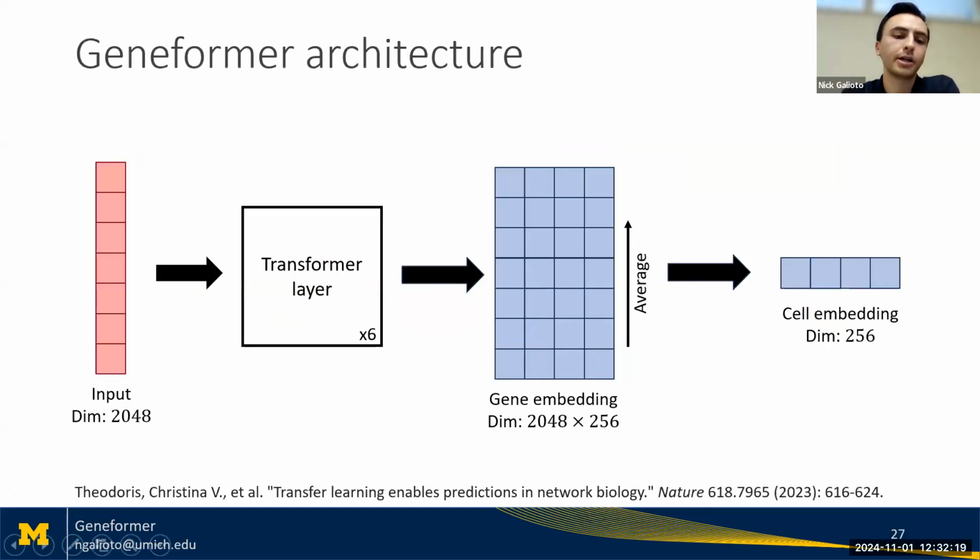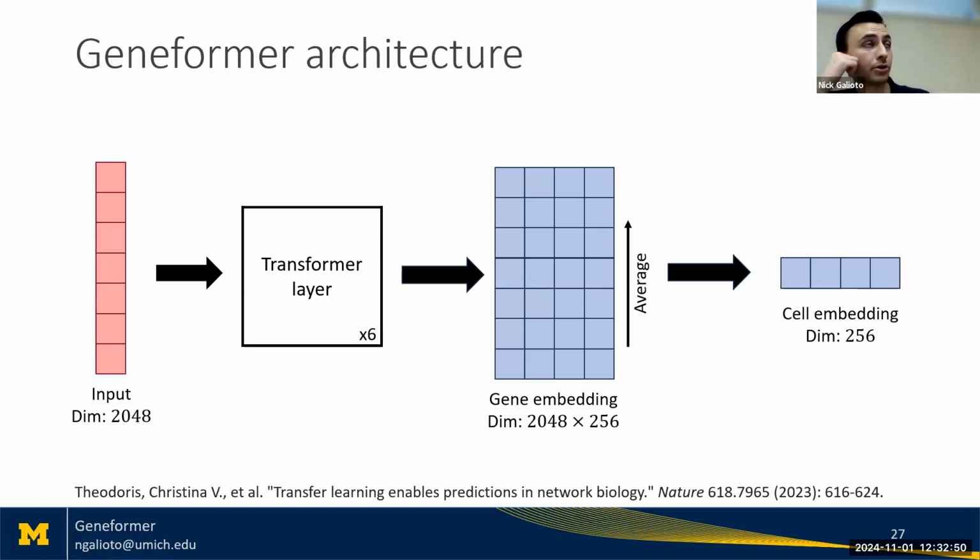What the architecture looks like is you'll take this rank value encoding that I've shown here in red, you put it through the transformer layer, and you get out a gene embedding, which is the size of 2048 by the hidden dimension of 256. So this is basically just the exact same BERT architecture that's been used in a lot of other foundation models, but now the input has been structured in such a way that the genetic expression is amenable to putting it through this existing architecture.